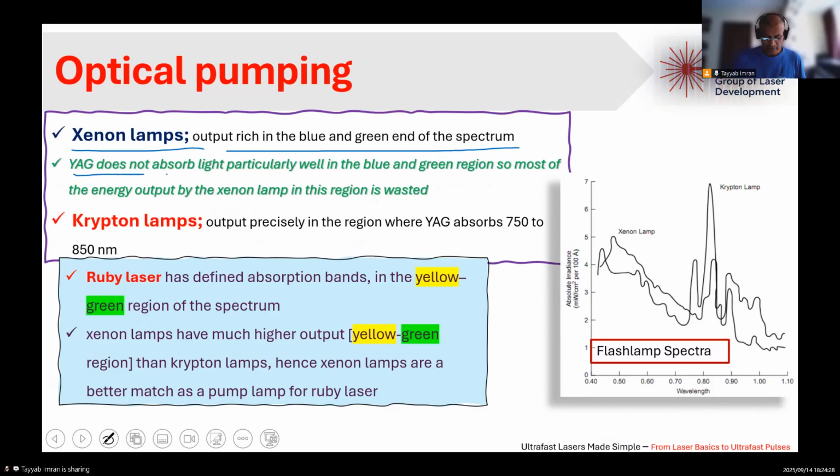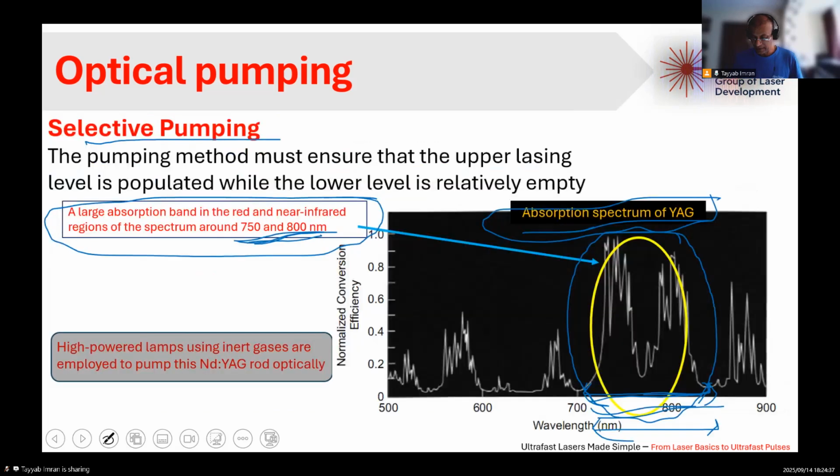YAG actually does not absorb light in this region. Why? You can see clearly that this region is very weak, so YAG cannot absorb the blue and green light. So for YAG we should not use a pump source whose wavelength is in this range.